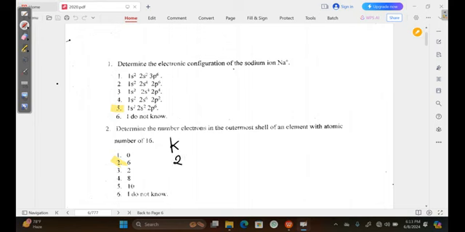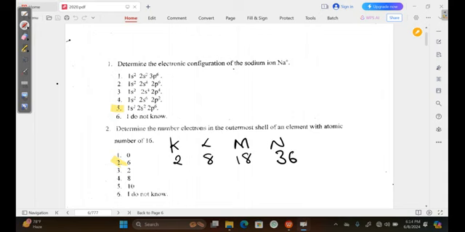Then we have the L, which can hold up a maximum of 8 electrons. Then we have the M, which can hold up a maximum of 18. And then we have the N, which can hold up a maximum of 36 electrons. So based on this, we can use our 16 there to place our figures.